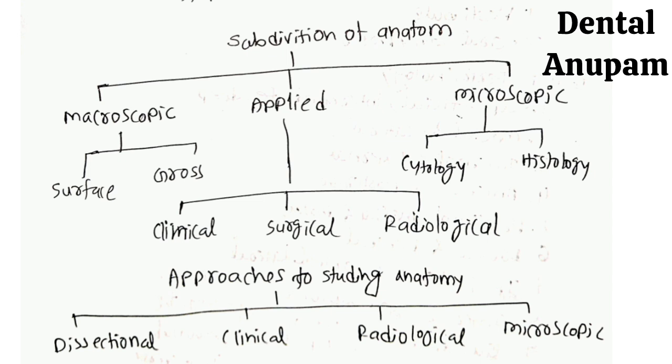This can be done system-wise: vascular anatomy, neuroanatomy, osteology, or region-wise: head and neck, upper limb. Surface anatomy or superficial anatomy. Surface anatomy is a study of the external surface of the body without dissection. It helps in identifying the inner configuration of anatomical structures with the aid of visible external landmarks.